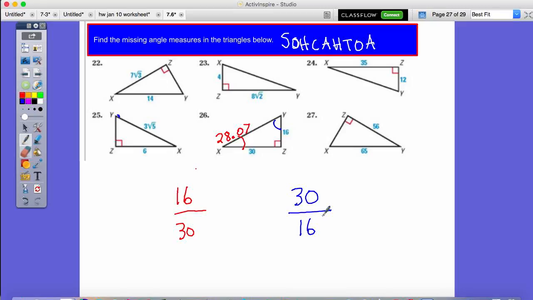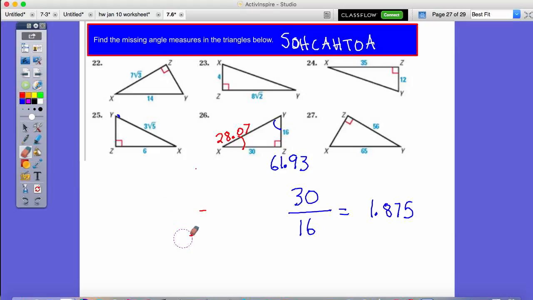So 30 divided by 16 is a tangent ratio of 1.875. 1.875 second tangent inverse is 61.927, so that's going to round to 61.93. And I can see that 28.07 plus 61.93 is 90 degrees.